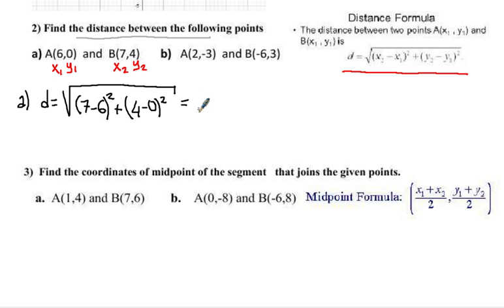So if we keep solving, we have square root of 1 squared plus 4 squared. So we have square root of 70. So the distance between points A and B is square root of 70.